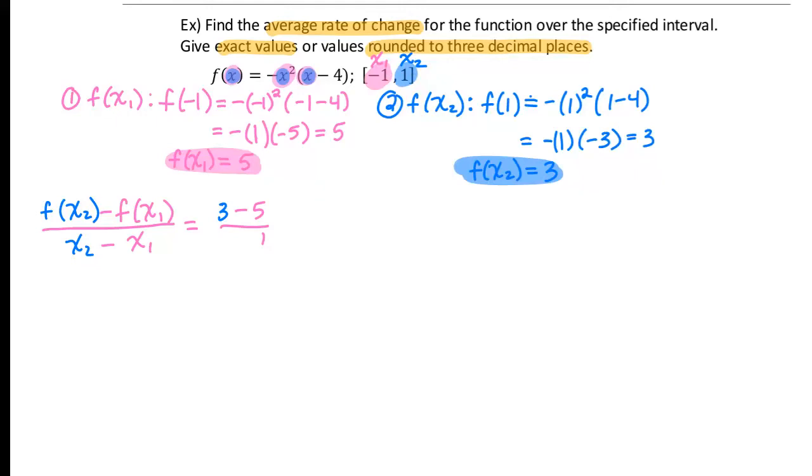If you look at the interval, what is the x2 value? Positive 1, minus the x1 value. What is my x1 value? Negative 1. So because we're subtracting a negative 1, I'm going to have to put a parenthesis. So this is going to be minus parenthesis negative 1, because I'm subtracting a negative.